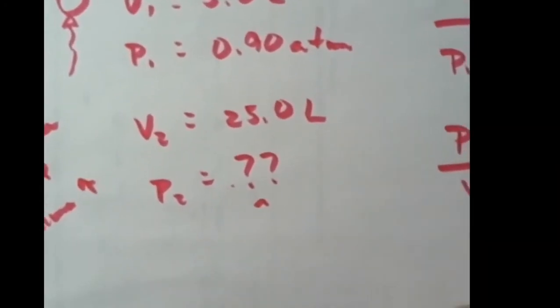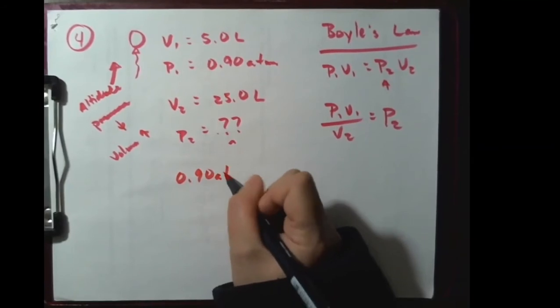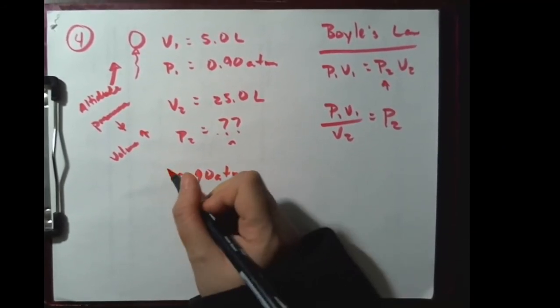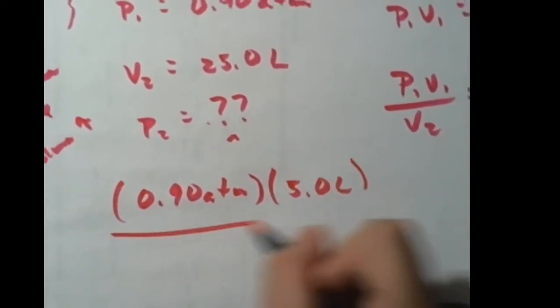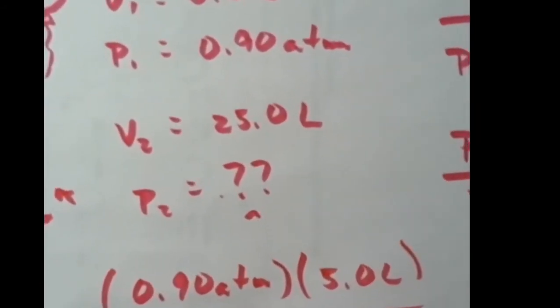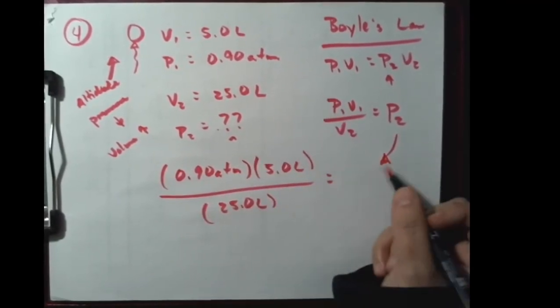Okay, so well, let's plug it into the formula so we can see. So our initial pressure, 0.9 atmospheric pressures, times our volume, divided by, so our new pressure, our final pressure should be less because of what we've been stating constantly now.